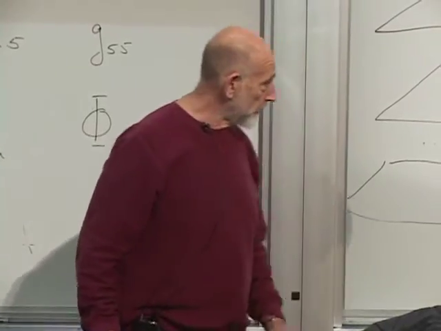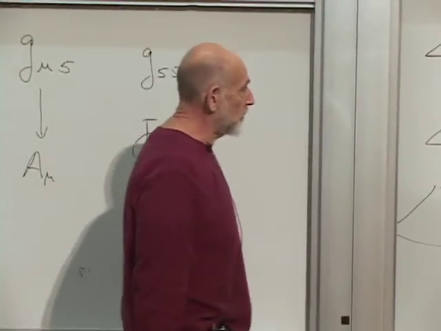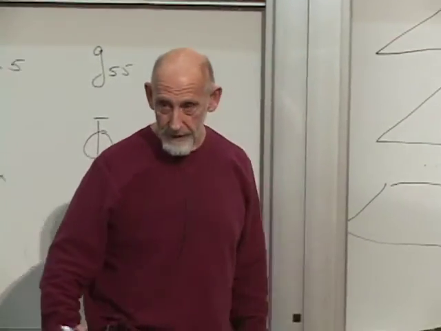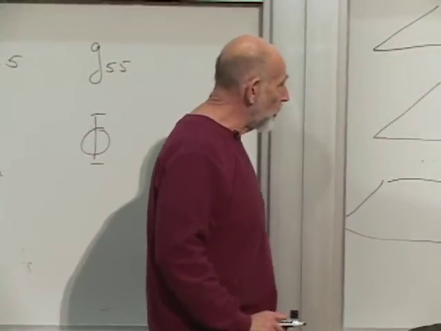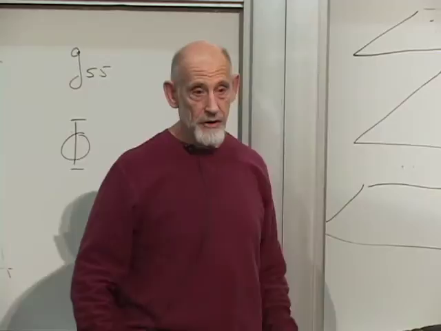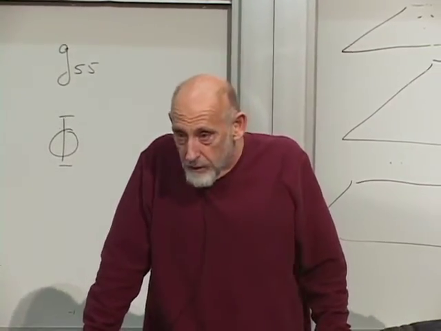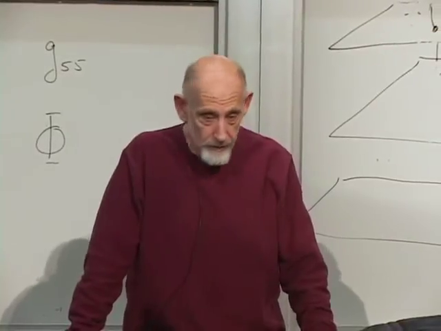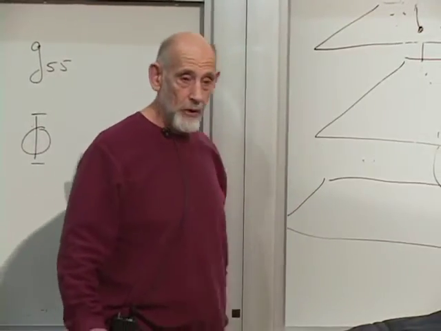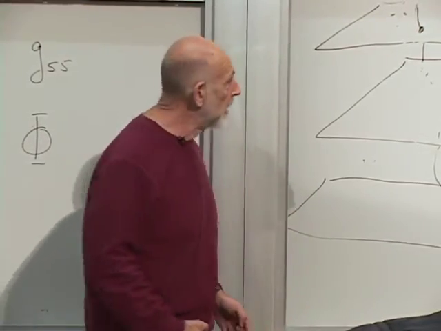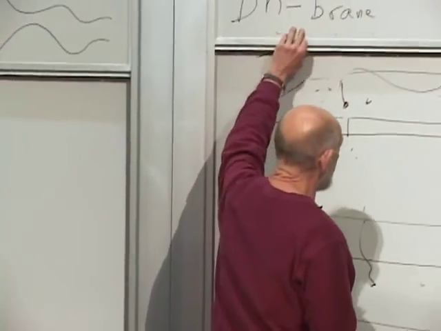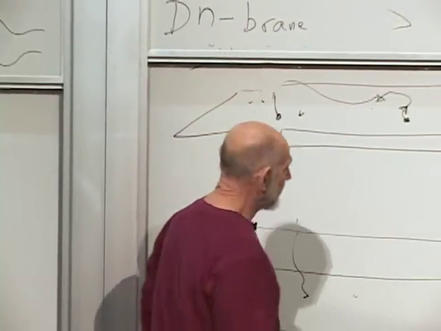Okay, so now what about quarks? What is a quark in this language? A quark in this language only has one color. It's either a quark or an anti-quark. It doesn't have a color and an anti-color. A quark must be a thing which only has one end.